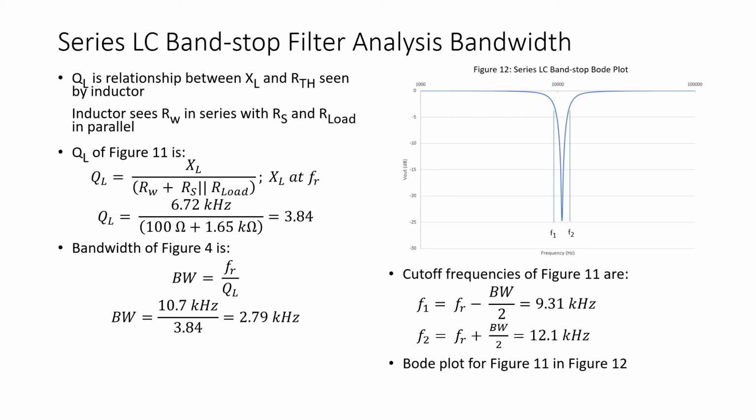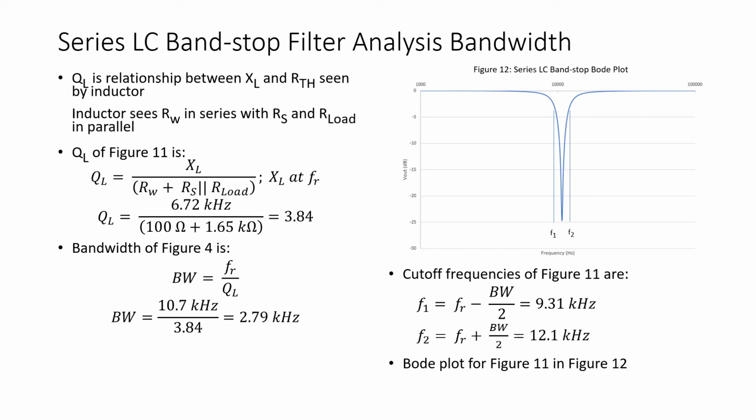Now we look at the analysis of the filter circuit of figure 10. And again, the loaded Q factor is the relationship between X sub L and the resistance as seen by the inductor. And the inductor sees RW, the wire resistance, in series with the parallel combination of RS and R load.